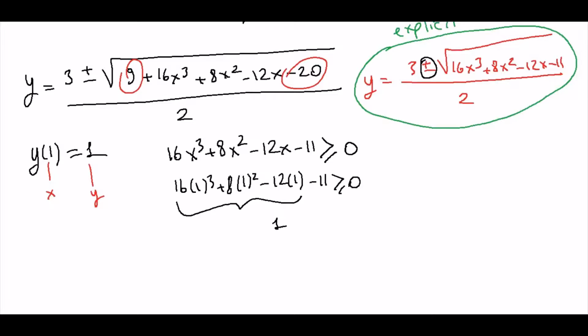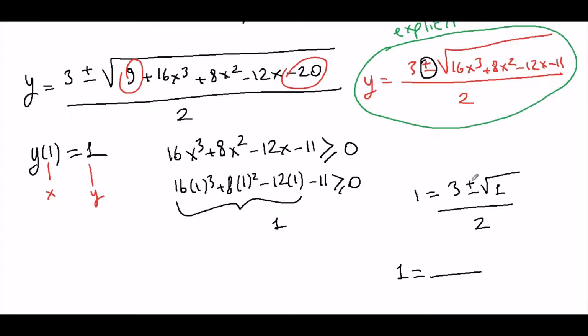This time we're going to plug in our y value and check both sides of the equation. Our y value is also 1. So 1 is equal to 3 plus or minus the radical, which we found is 1, divided by 2. Which value of the numerator will give us 1 here?